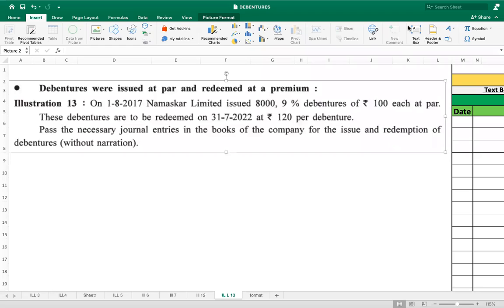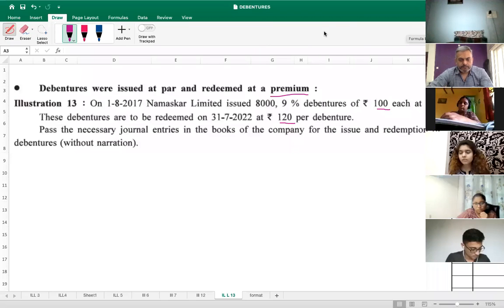So let's start with the entries. Now over here, we have to understand that you are going to collect rupees 100 from debenture holder, but you are going to give back rupees 120.